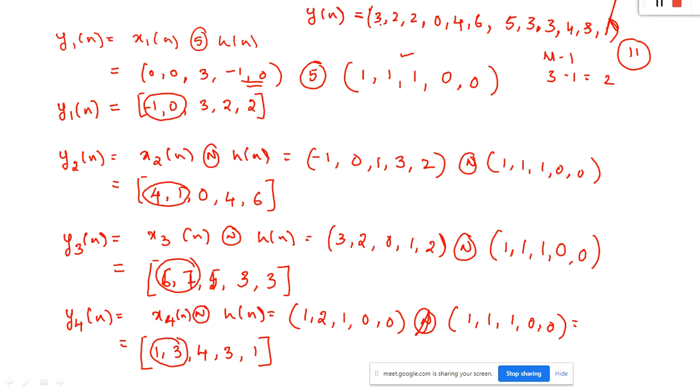This is 3 plus 3 is 6, 6 plus 3 is 9, 9 plus 3 is not 11, it is 12. If you observe carefully, the length is matching with my linear convolution. Now it is as good as linear filtering that we perform. So this is the final output with respect to overlap save method.